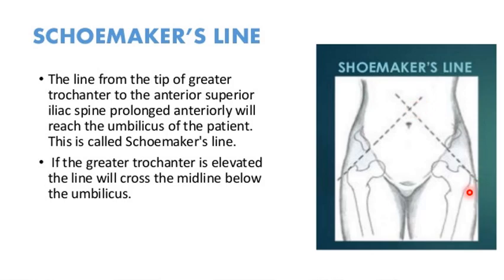When there is dislocation of the hip joint, then the line will cross below the umbilicus. So when a line crosses below the umbilicus, that side denotes that there is dislocation of the hip on that side.